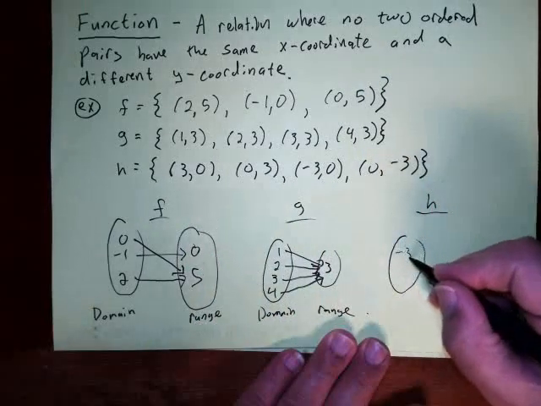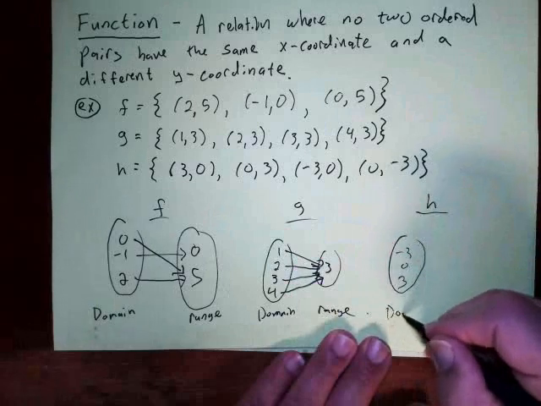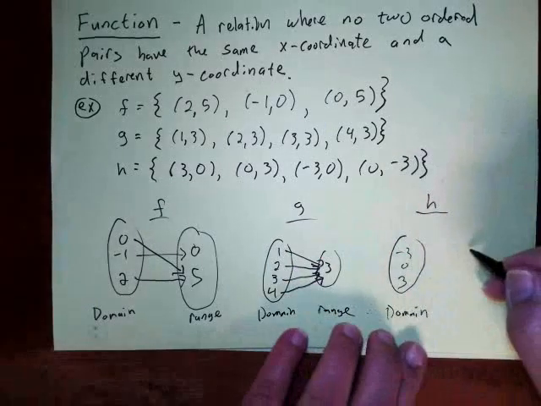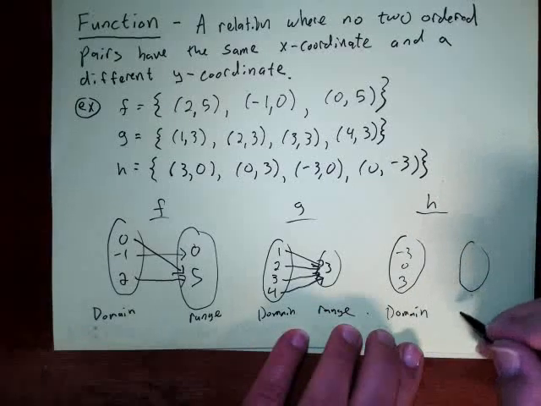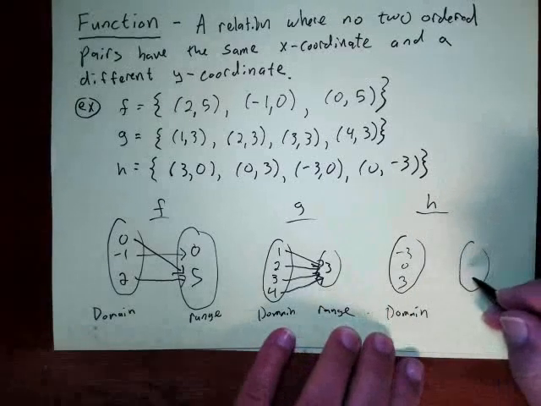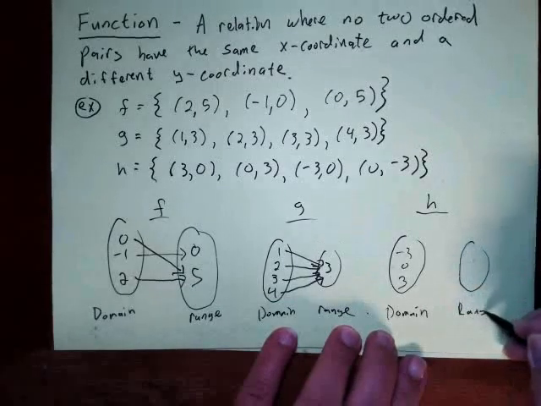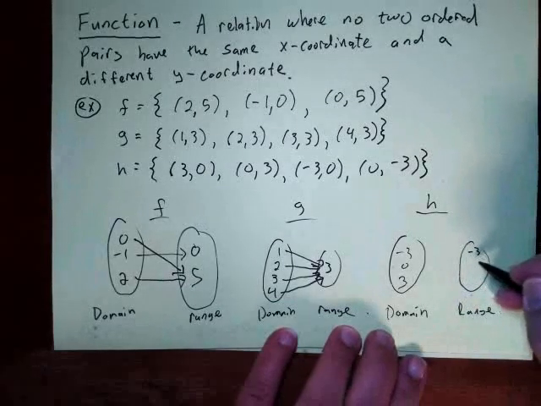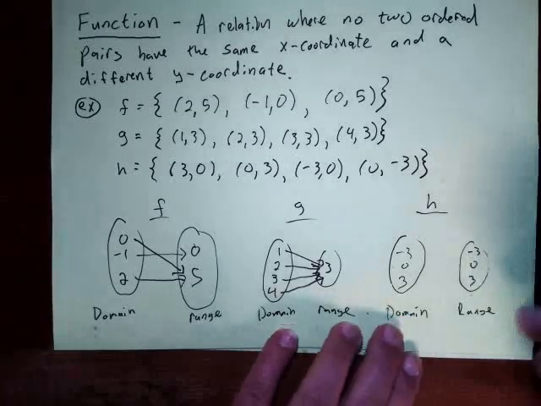So it looks like negative 3, 0, and 3 are the domain. And then the range, it looks like is 0. It looks like it's the same 3. Okay, you got negative 3, 0, and 3 for that.